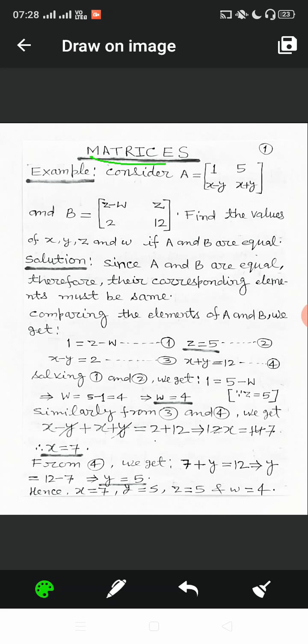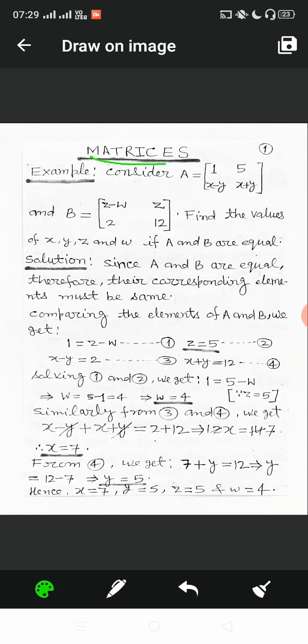Dear students, we had already discussed equality of matrices. Two matrices A equal to [aij] of order m by n and B equal to [bij] of order r by p are said to be equal if they are of the same order, that is m is equal to r and n is equal to p.